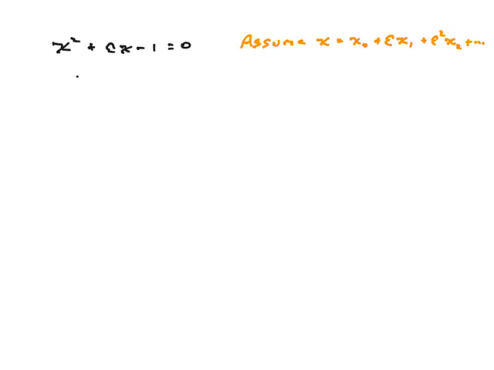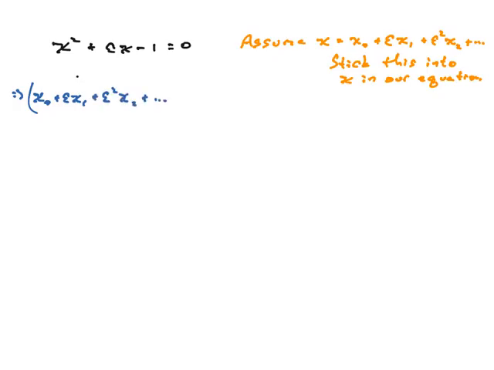Once I make that assumption, then all I have to do is stick this into x in our equation. Okay, well, if I stick that into my x, what do I have? I've got x squared, so x is x naught plus epsilon x1 plus epsilon squared x2, dot, dot, dot.